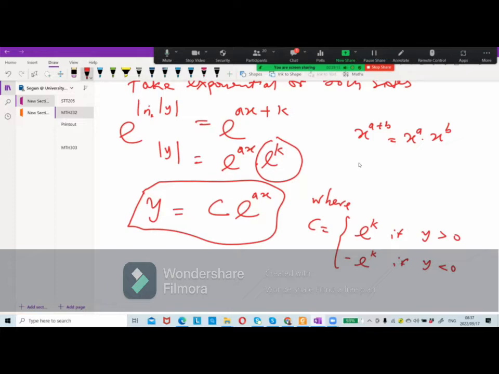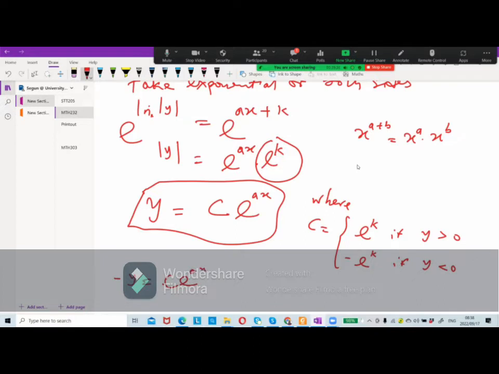So if my y is negative, let's say minus y equals C exponential ax.